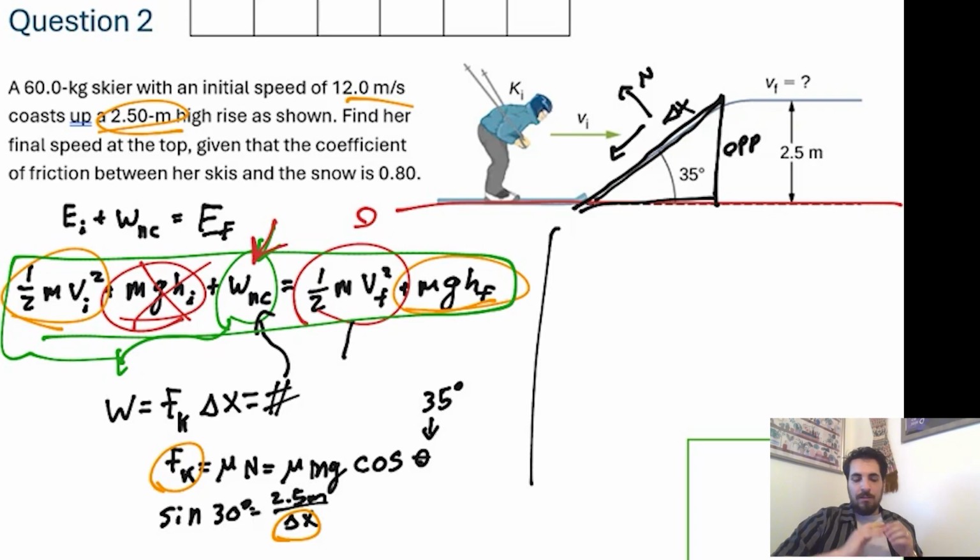Okay, so second problem, conservation of energy, just saying initial energy plus work is equal to final energy. It is crucial here that you do not use gravitational force in your work. It must be work done by non-conservative forces.